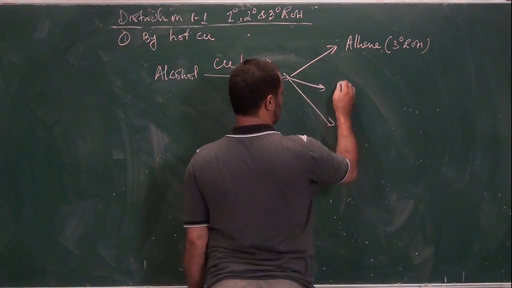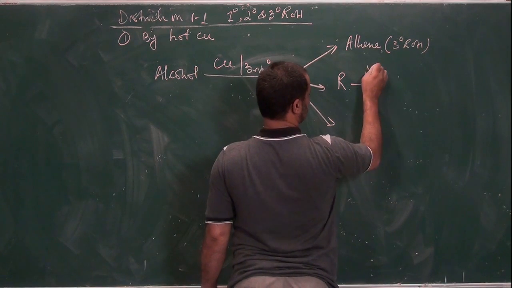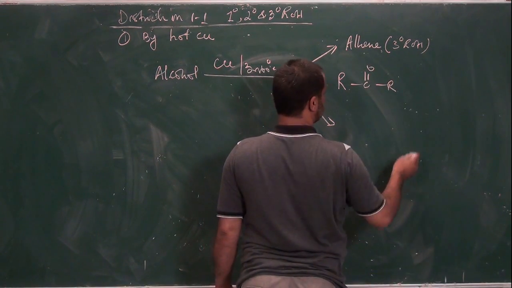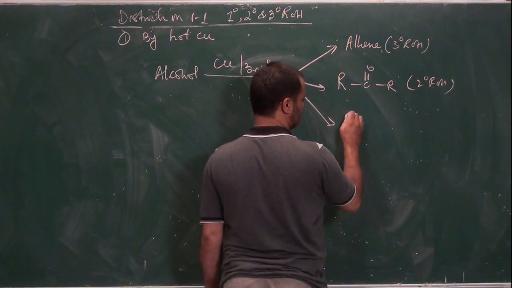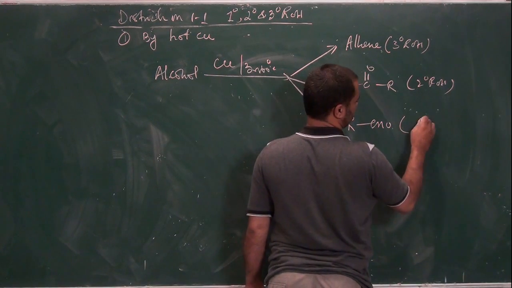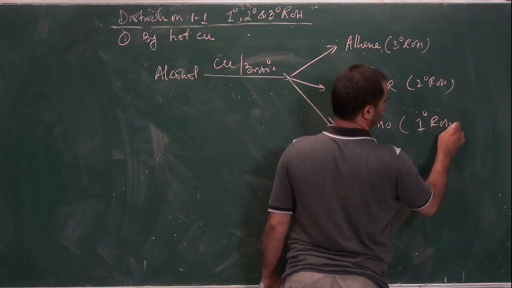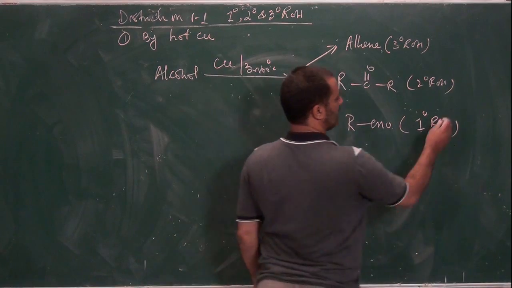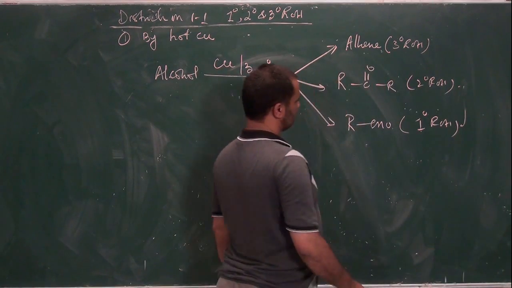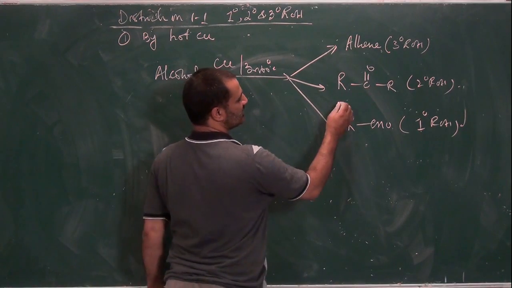If there is formation of aldehyde or ketone, then it was secondary alcohol. And if it is formation of RCHO, it was the primary alcohol. So this is dehydrogenation and this is dehydration.